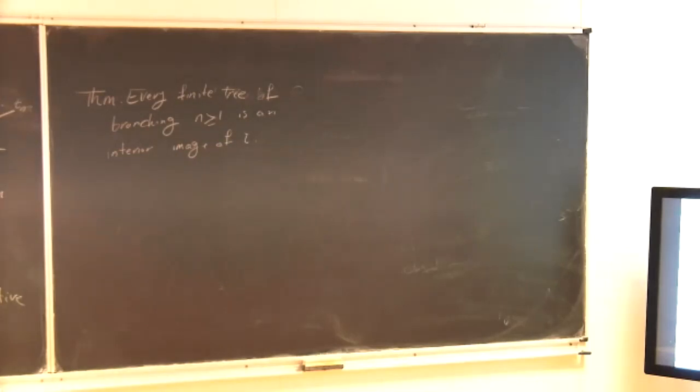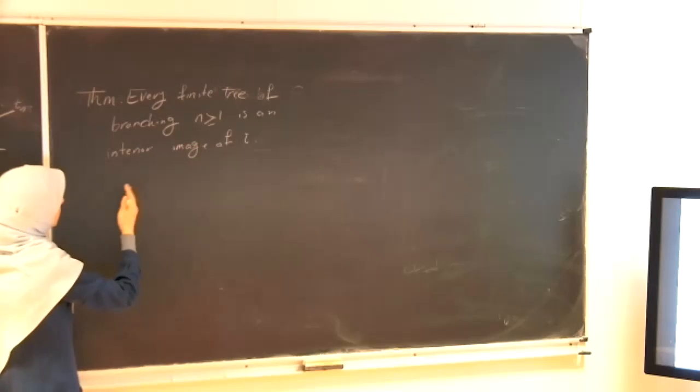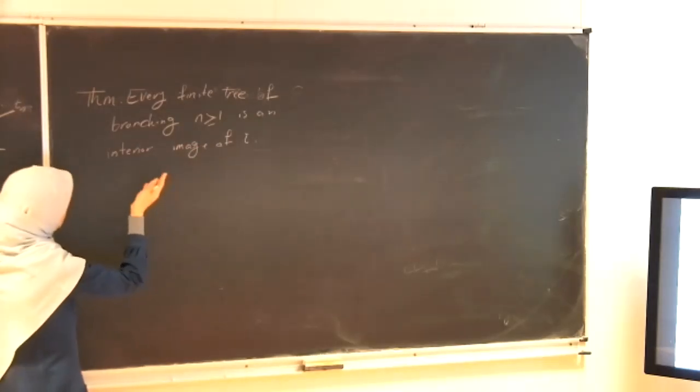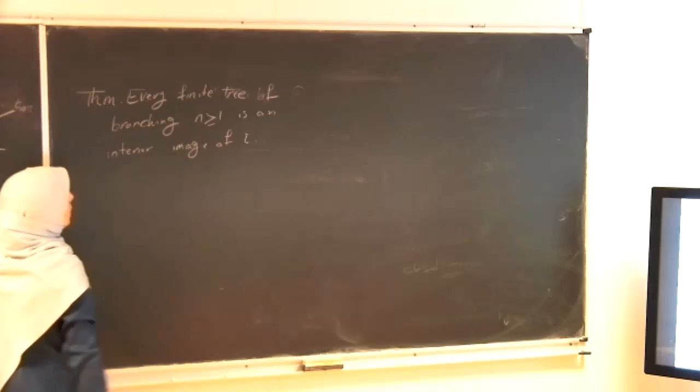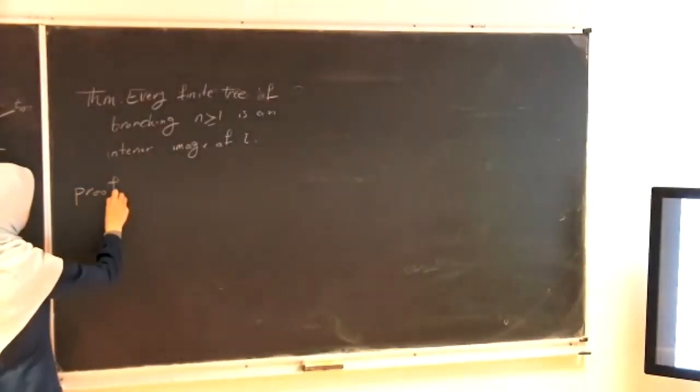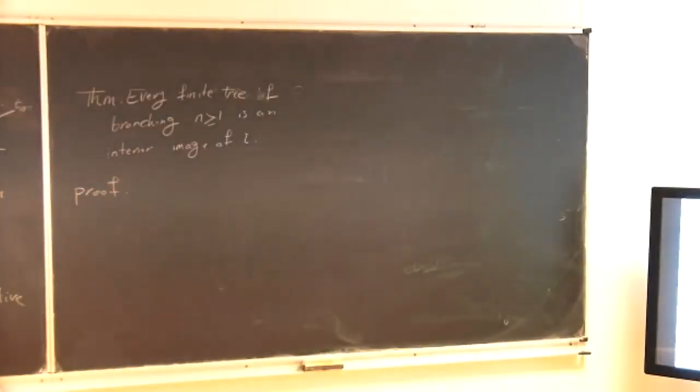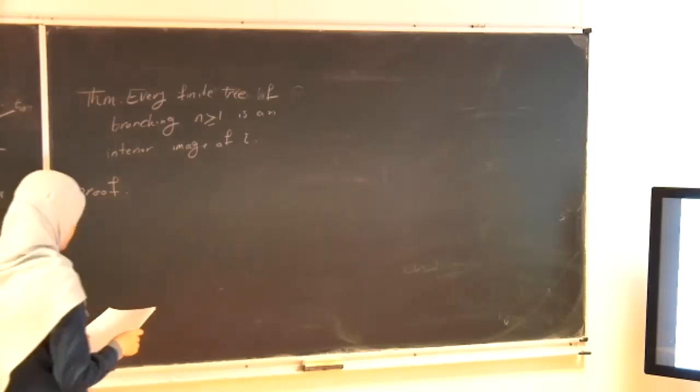At the first step, we defined a function for a tree of depth 2. Now I want to say that we can define a function for any finite tree of any depth. We will prove it by using induction and the previous lemma.